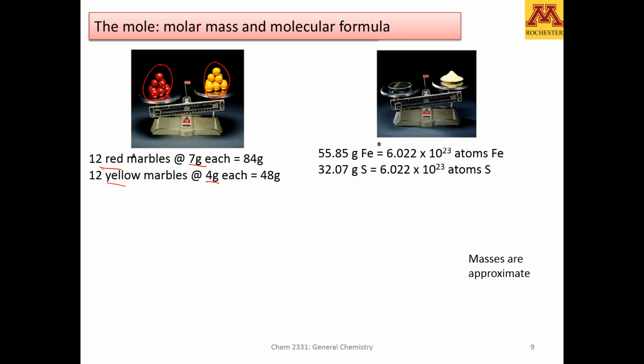The same can be said about elements. In this case, notice that this is 1 mole of iron and 1 mole of sulfur. If we were to put in a scale 1 mole of iron and 1 mole of sulfur, because the iron atoms are heavier, of course, you'll end up having more mass.